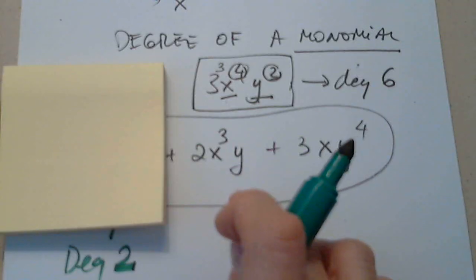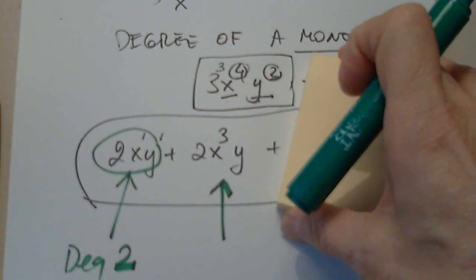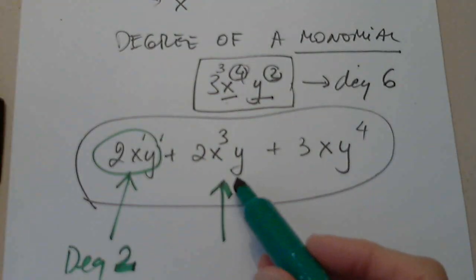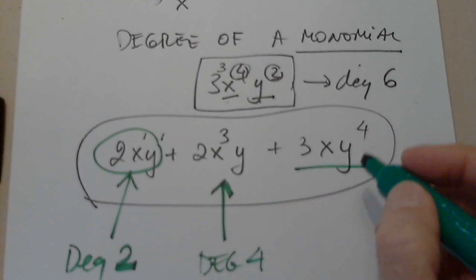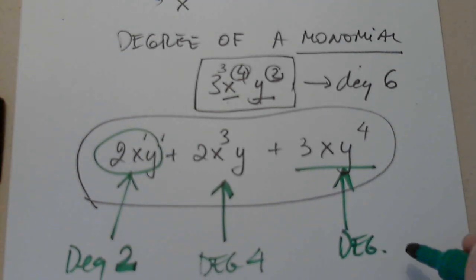Moving on to the next one. The degree of this monomial. And forget about the rest. I'm just identifying the degrees of each monomial. 4. Exactly. And finally, I want to identify the degree of the last one. 5. Exactly.